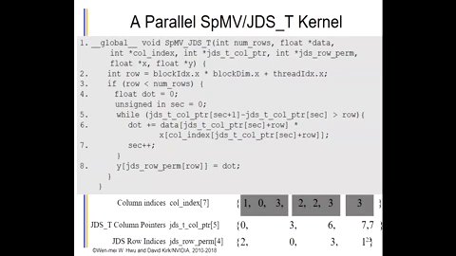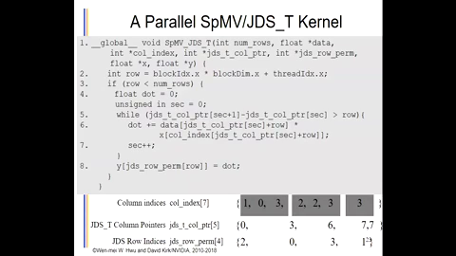So here is a kernel that we're going to write for the JDS transpose representation. As you would expect, the row is still going to be the same calculation. The row here corresponds to the non-transpose form. Conceptually, we're still talking about the original row of the CSR format, right? So if the row is in the valid range, that is less than the number of rows, then the thread needs to do something, right?